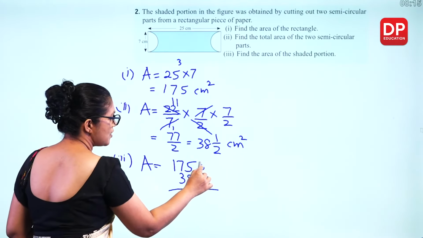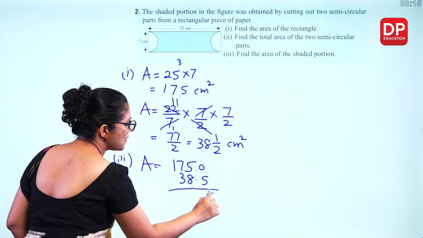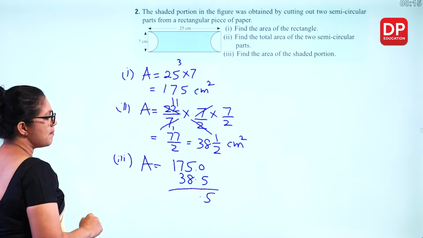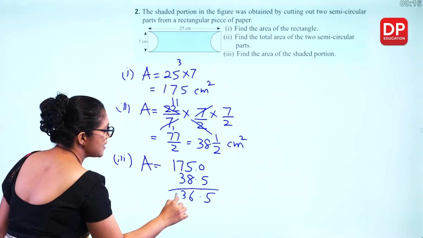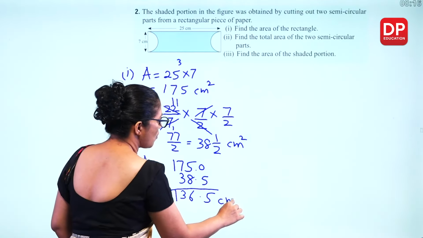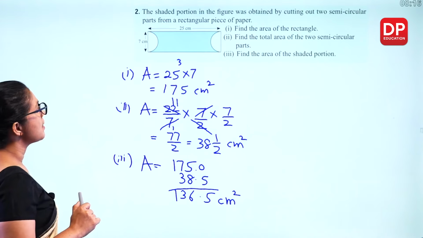You subtract these two. When you subtract, you get 10 minus 5 is 5. This is 4. 14 minus 8 is 6. This is 6. 6 minus 3 is 3. So 136.5 square centimeters for the shaded portion.